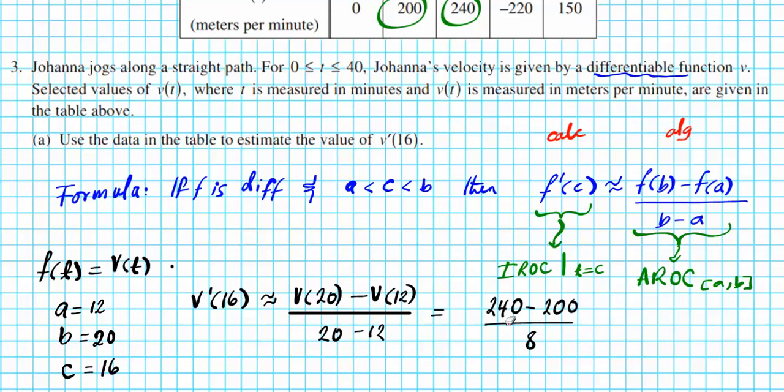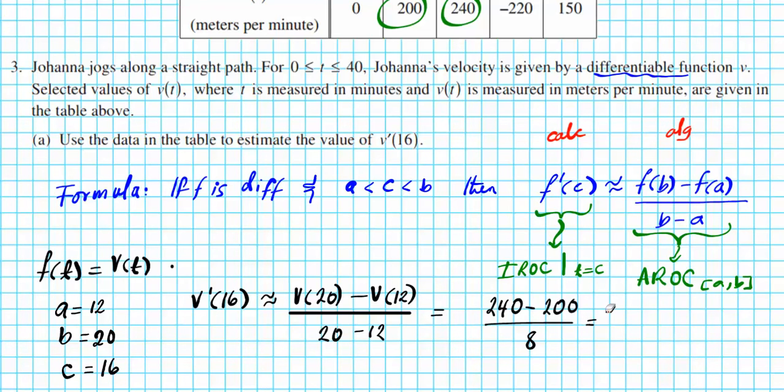So if you leave your answer like this and then you put in the units, you get full credit. But if you want to complete your arithmetic computation, you must do it accurately or else you will not get the credit. So if you want to save time, just leave it like this, put in the units, and you're good to go. But if not, just do it all the way and make sure you do it correctly.